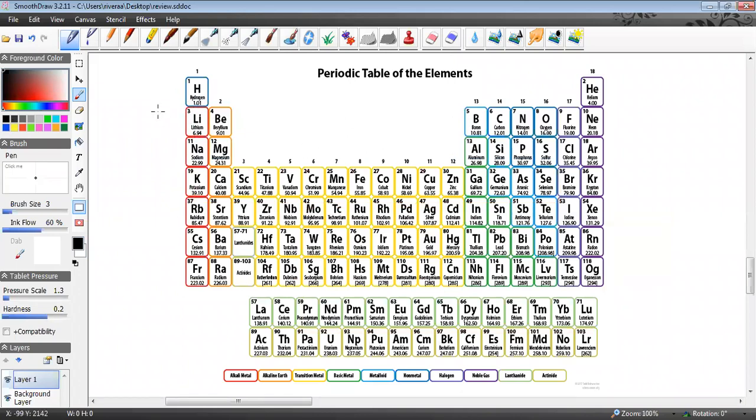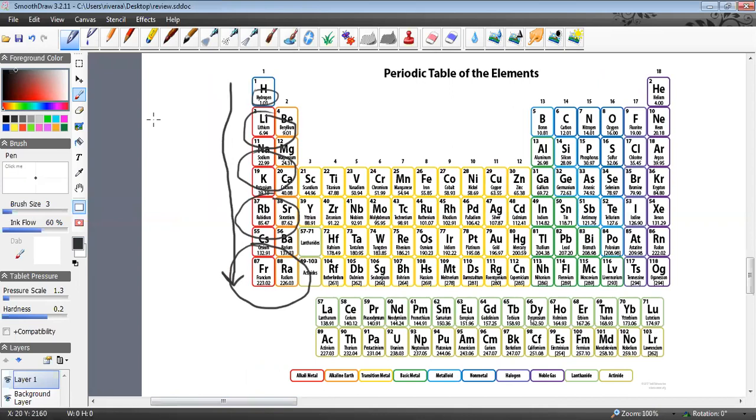When you go down a group on the periodic table, I don't know why I can't draw a straight line today. When you go down a group, radius gets bigger because we get bigger and bigger energy levels. Okay, so radius increases going down a group. Radius increases.